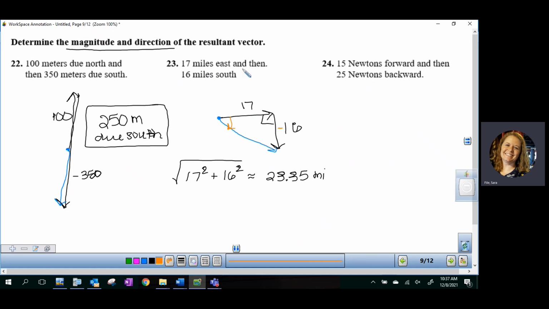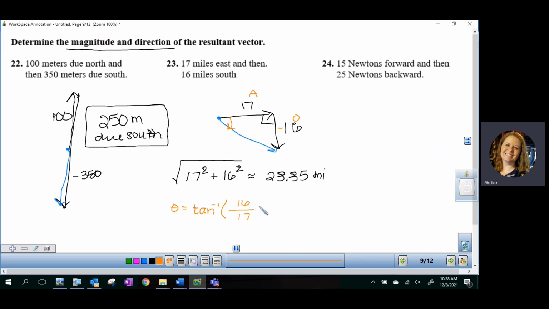Now, it doesn't specify how to give the direction, so I'm not going to be picky on this one. But I would do opposite and adjacent. So I'm doing tangent. Remember, to get your direction angle, it always ends up being inverse tangent of B over A. So that's the 16 over the 17.